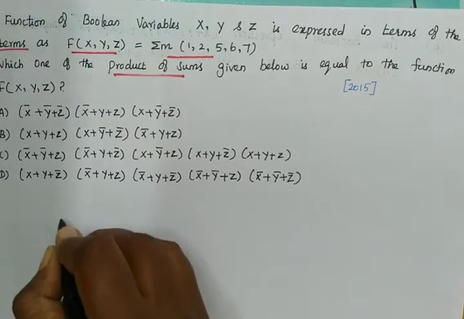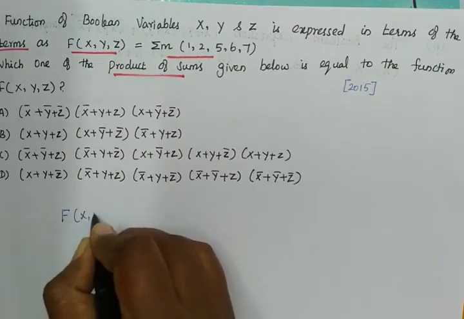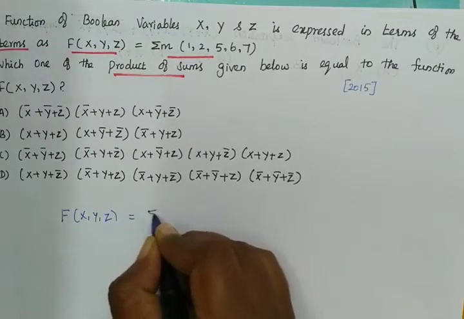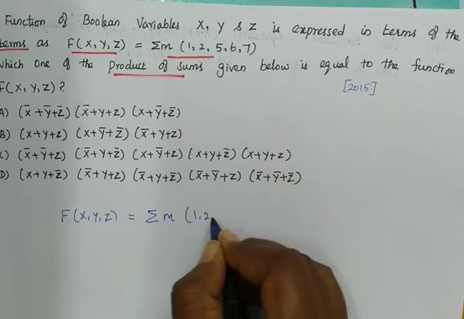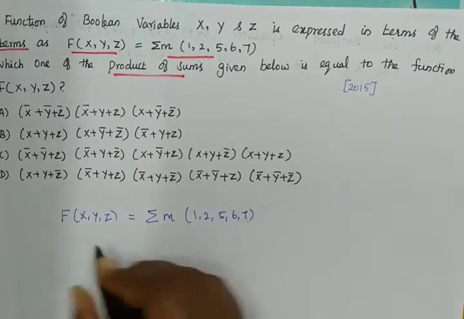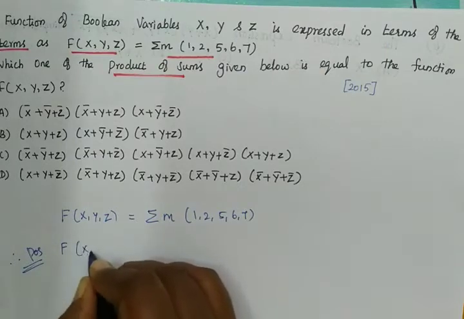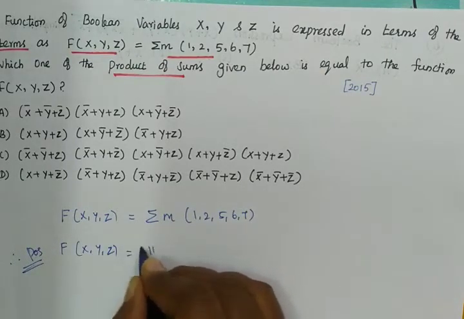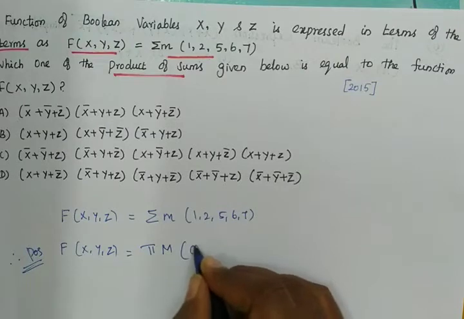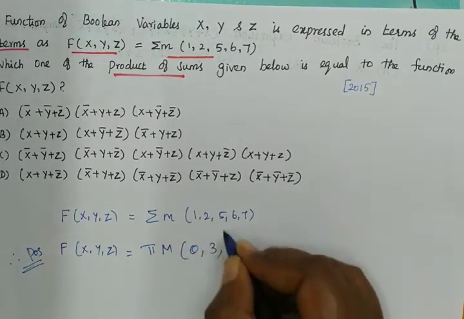For this, we can write directly f of x, y, z which is equal to, since it is SOP, summation m 1, 2, 5, 6, 7. Now what is POS? Therefore POS, f of x, y, z, is equal to pi capital M. The numbers missing are 0, 3, 4.